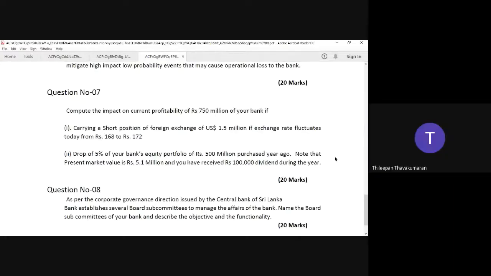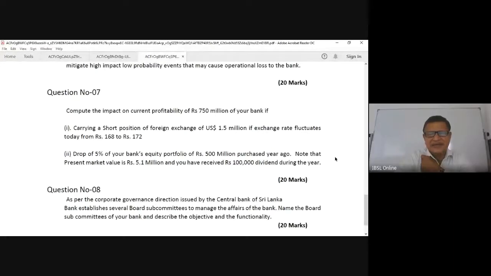And if that balance is in debit, we owe that amount of money, and that is a short position. Here this scenario is a short position, that means the bank has borrowed money in foreign currencies from various other counterparties, and as a result, at the end of the day, today we owe 1.5 million US dollars to other banks, and today's rate is 168.